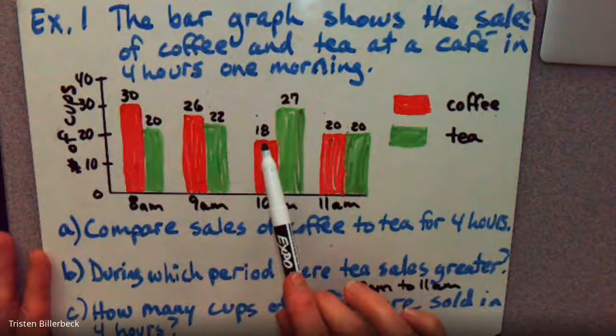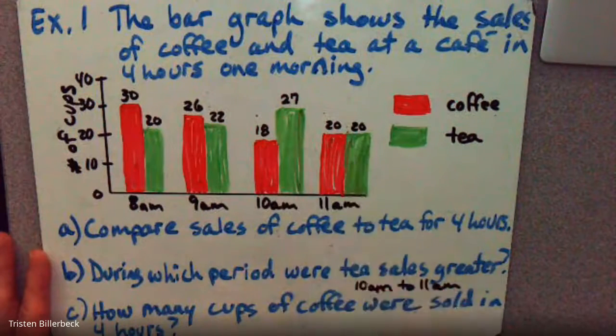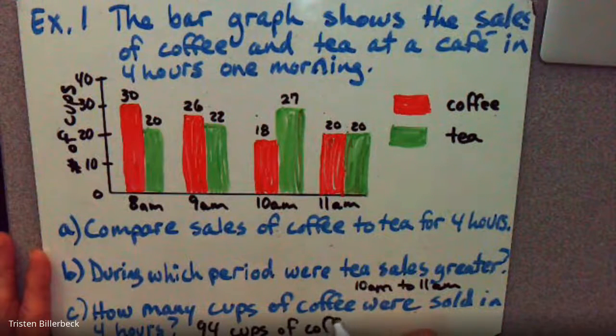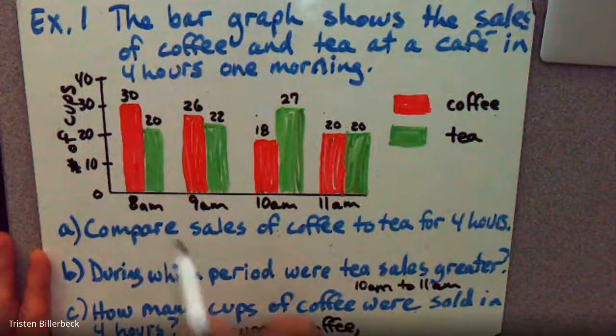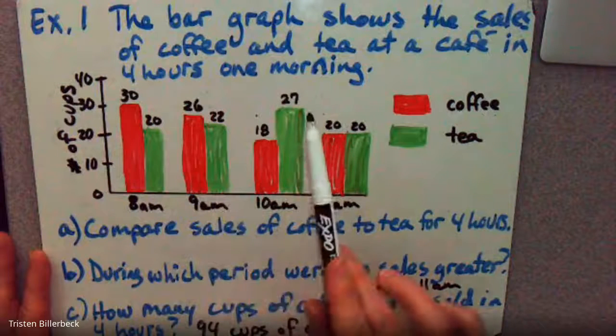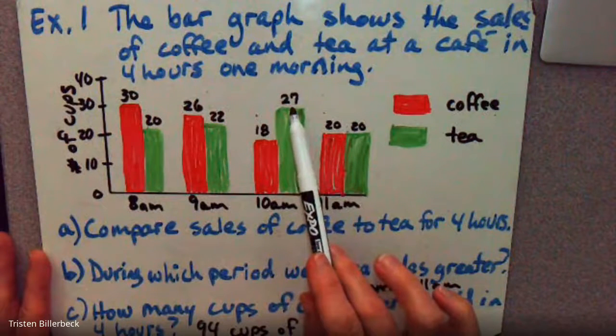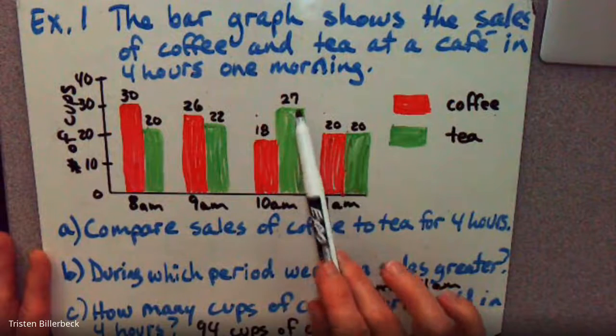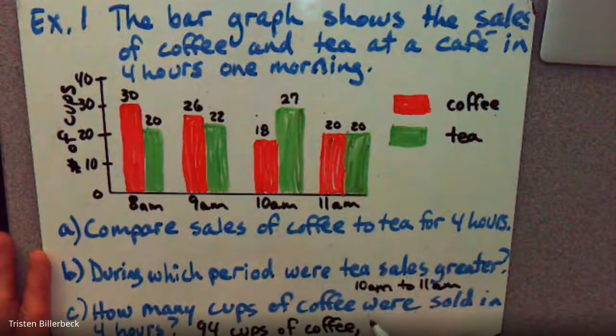Plus, if we round that to 20, that's 76 minus 2 is 74. Plus 20 is 94. So we had 94 cups of coffee. And we can do the same thing with the tea. So 20 plus 22 is 42, plus 27 gives us 69, plus 20 gives us 89 cups of tea.